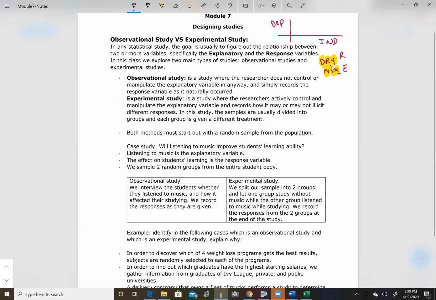What we're going to talk about now is how these variables relate to observational studies and experimental studies. An observational study is a study where the researcher does not control or manipulate the explanatory variable in any way, the original variable, the x-axis that we have, and simply records the response variable or the outcomes as they naturally occurred.